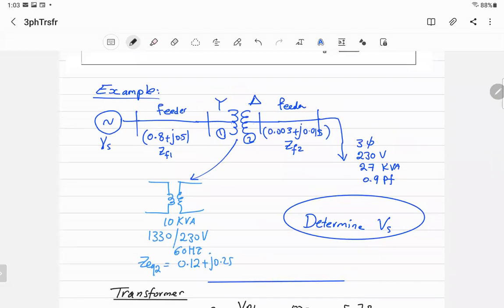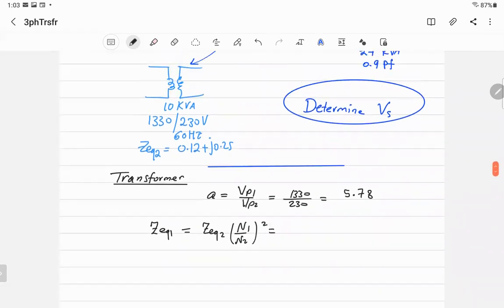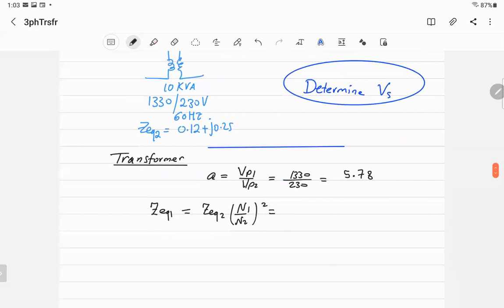So if I have the equivalent impedance on the secondary side 2, I want to move it to 1. So I'm going to plug in N1 over N2. I still do it till now. So I say Z equivalent 2 times N1 over N2 squared, and N1 over N2 is equal to A. So I have A squared times Z equivalent 2. What's A?